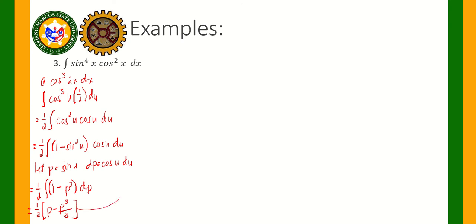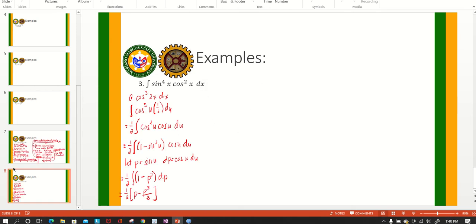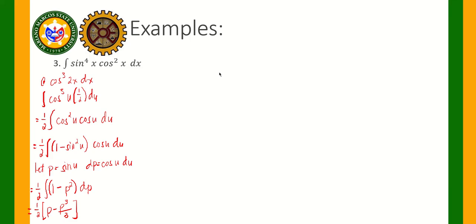So simplifying further, this is equal to, okay, sorry about that. So tuloy na lang natin dito sa kabila. So, this will be equal to, back substitute na natin si P, which is si sine u. Okay, sulat muna natin dito. P is equal to sine u, and u is equal to 2x.